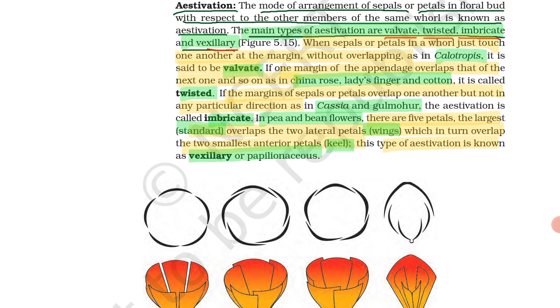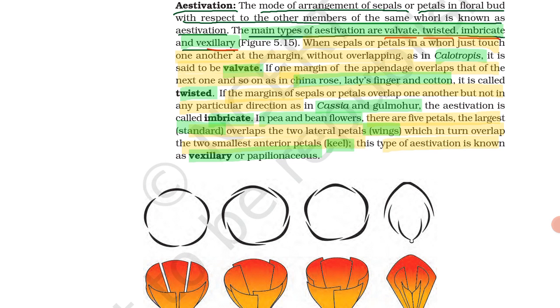The largest is called the standard, which overlaps the two lateral petals, that is the wings, which in turn overlap the two smallest anterior petals, that is the keel. See the last diagram: outermost is the largest, called the standard; it overlaps the two lateral petals, called wings; and inside there are the two smallest anterior petals, called the keel.